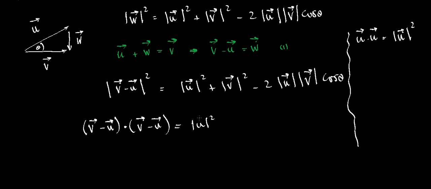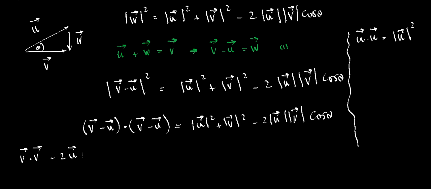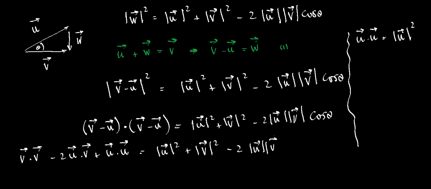And I'm going to rewrite the right hand side as it is. It's equal to magnitude of u squared plus magnitude of v squared minus 2 magnitude of u magnitude of v cosine theta. Now we can expand this by saying this is v dot v minus 2 u dot v plus u dot u is equal to the magnitude of u squared plus the magnitude of v squared minus 2 magnitude of u magnitude of v cosine theta.